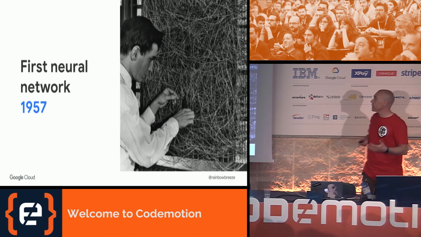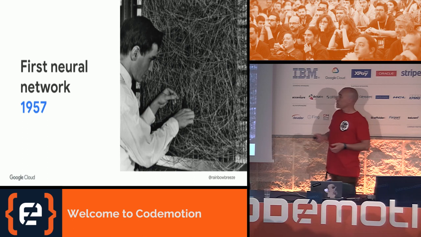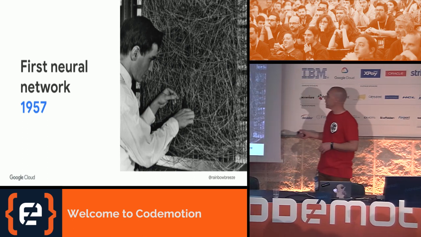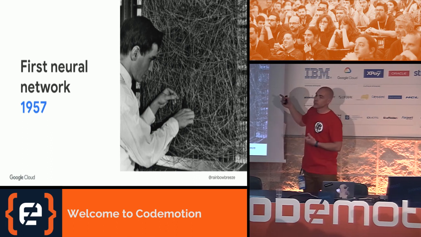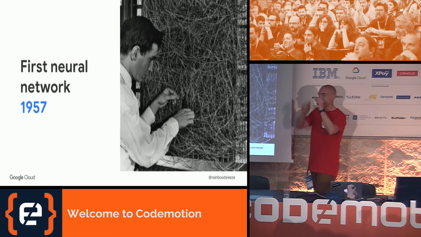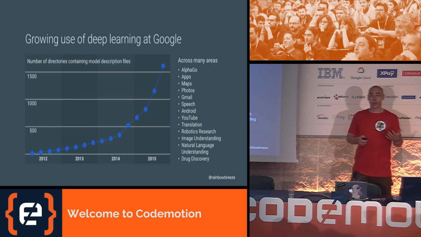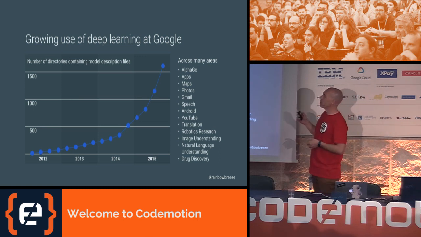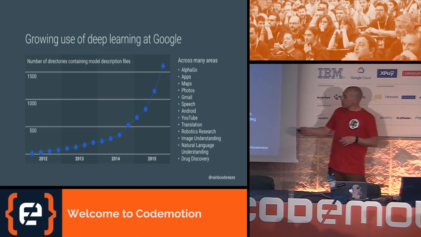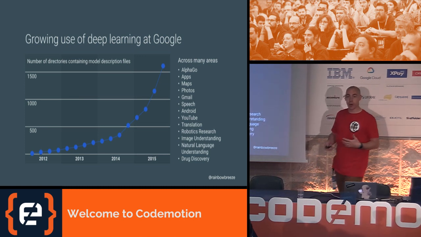Well, when machine learning more or less started in 1950, this was the first neural network computer in the world. And yes, probably you had to be an expert to interact with this computer, or at least an expert in arranging wires and so on. But if you look at the Google repository, and count the number of model description files inside the Google code, you can see an exponential growth of these files over time.